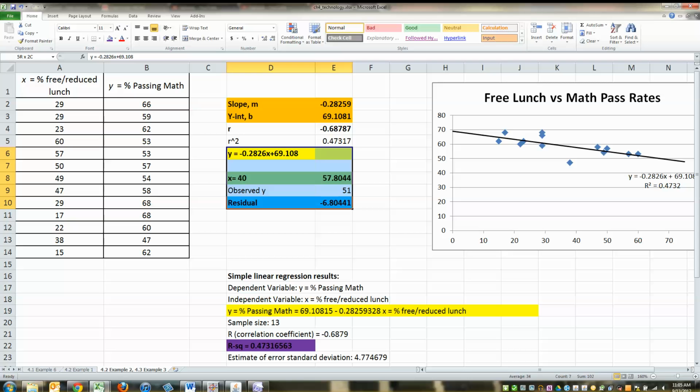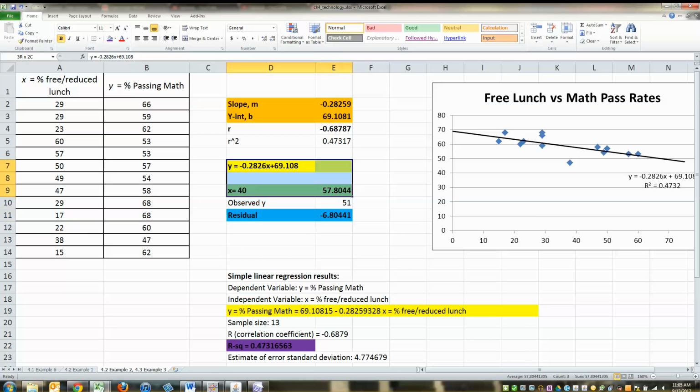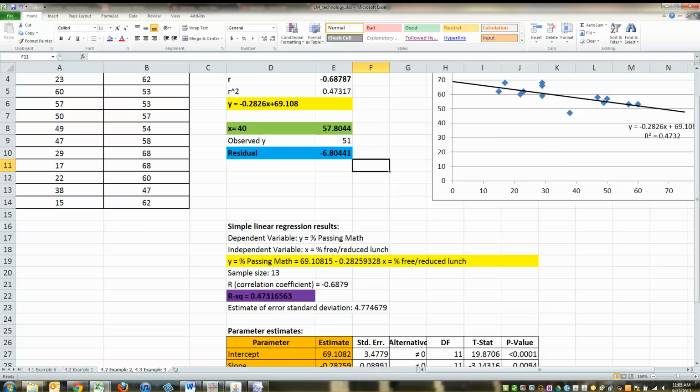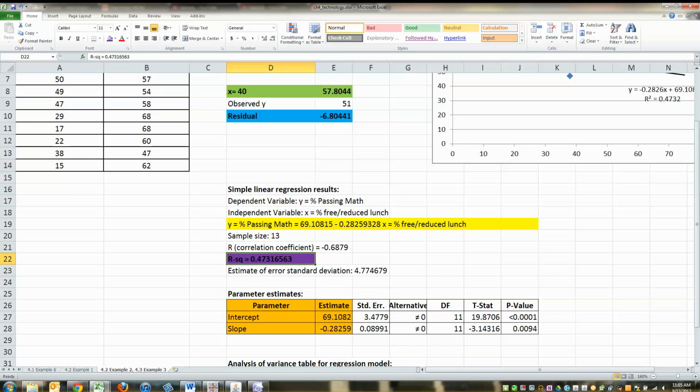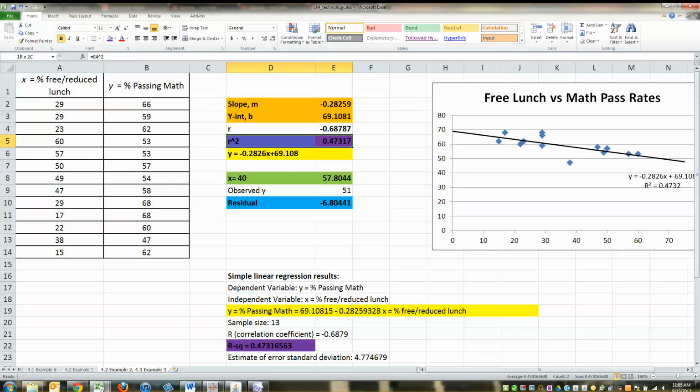Oh, and to move that stuff, all I did was Control X to cut it and paste it down. So in case you're wondering how I did that so fast. So there you go. Let me make it purple, that way it matches my other one. So StatCrunch finds it and Excel finds it here in the graph real simply, and then you can find it over here just by squaring your r.